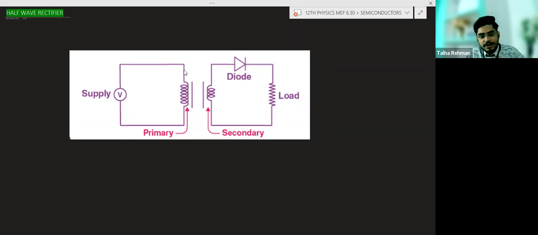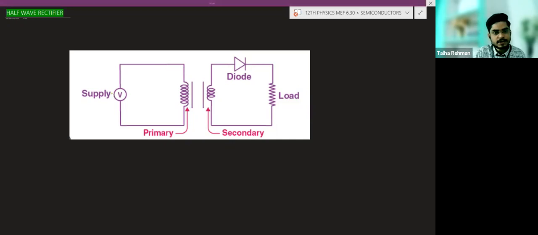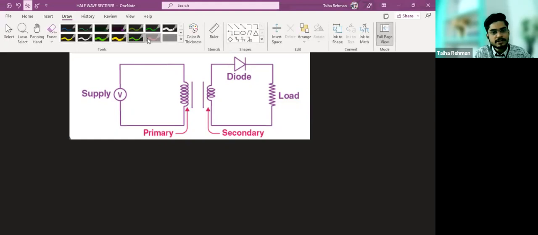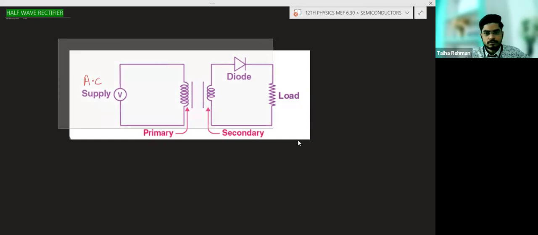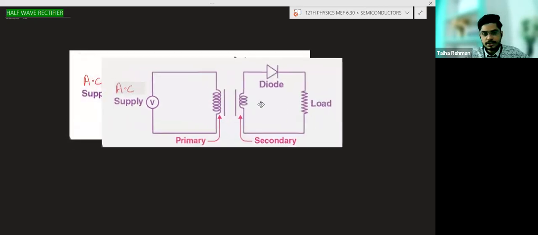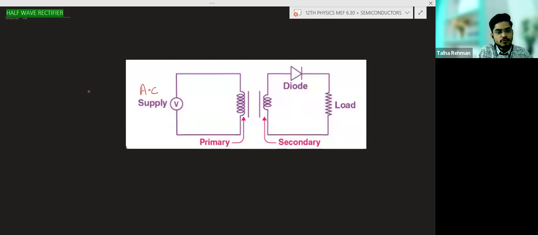Primary coil means this coil is connected to an AC supply. AC supply is there to the primary coil. Means there is an AC supply, how we represent AC, alternating current, like this.